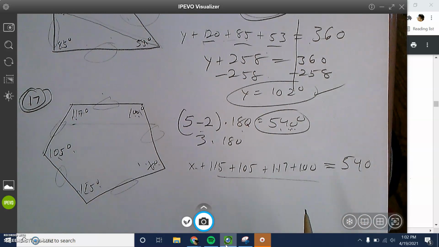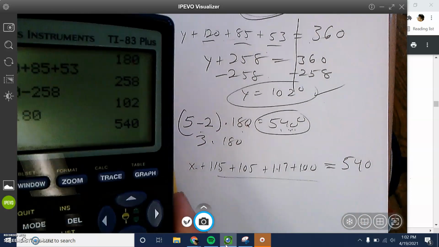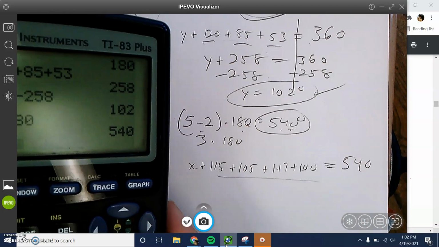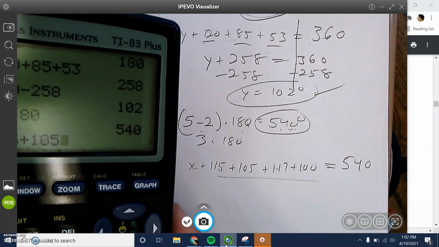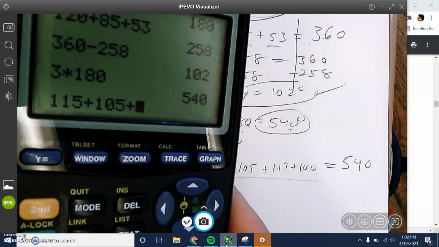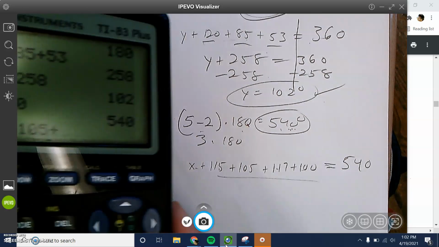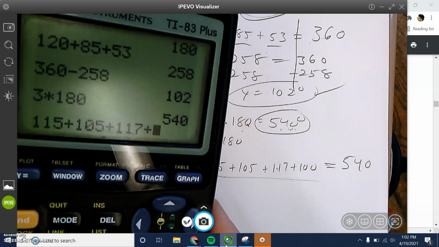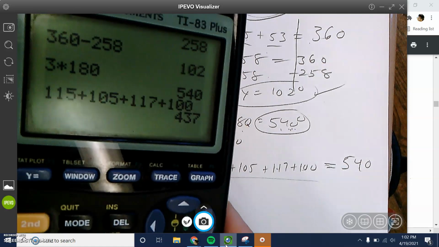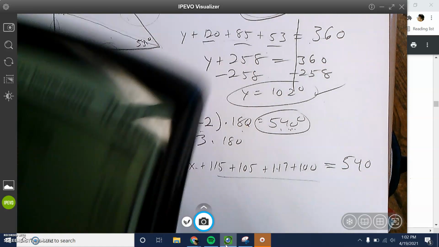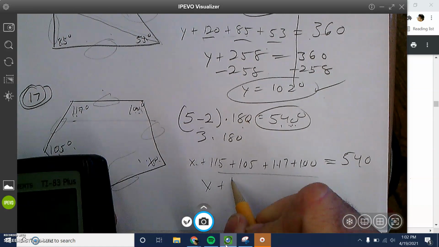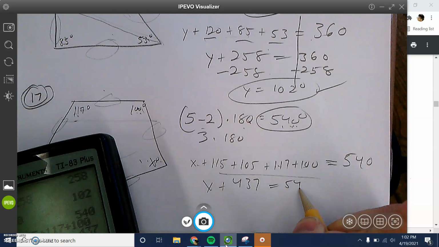Okay, so let's combine like terms here. So I got 115 plus 105 plus 117 plus 100 and equals 437. So x plus 437 equals 540.